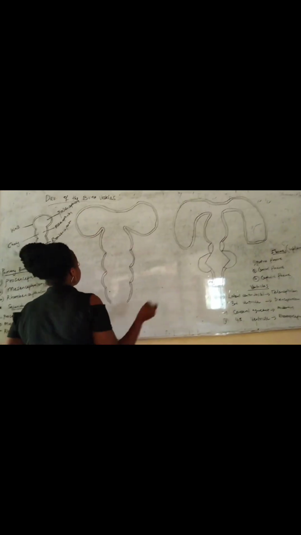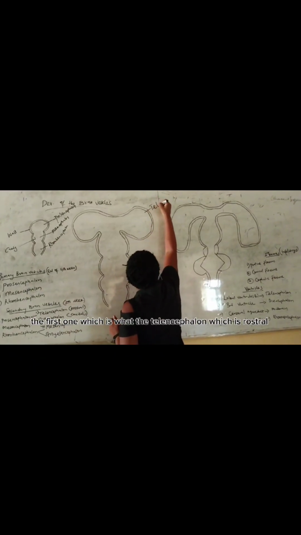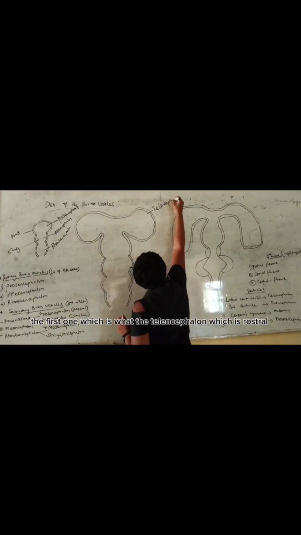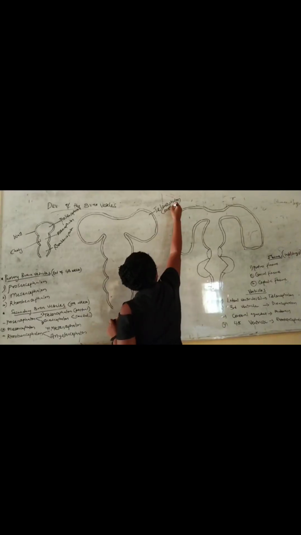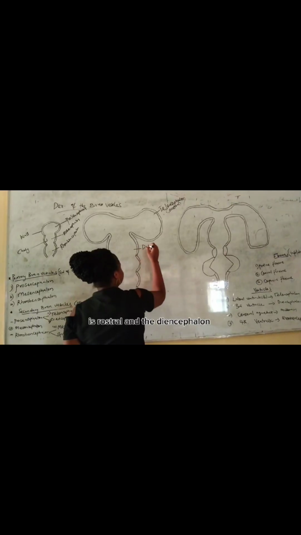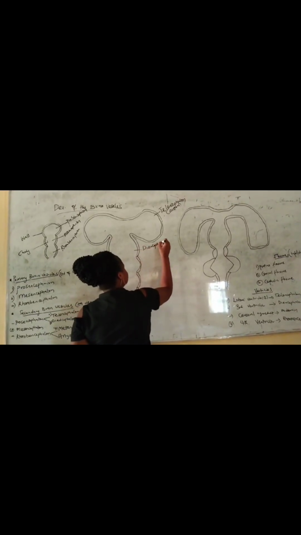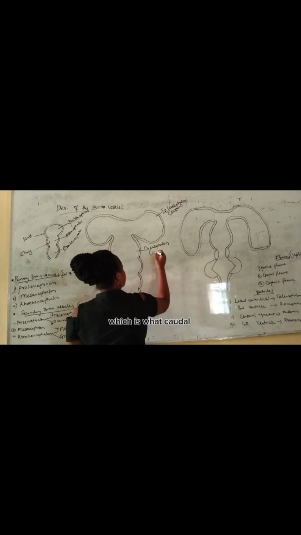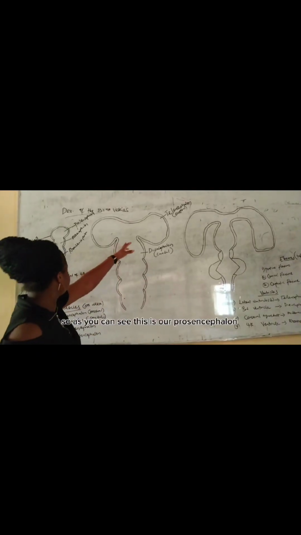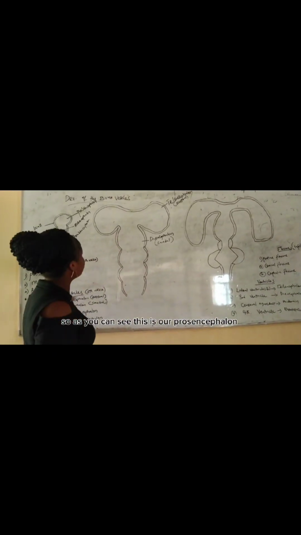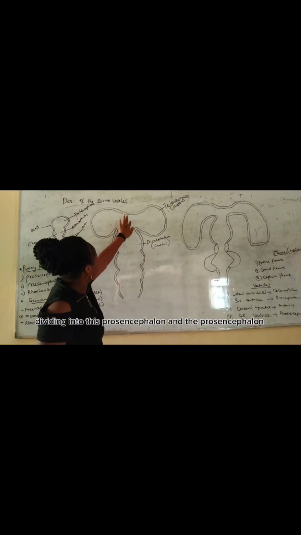So I'm going to label it. Prosencephalon divides into what? The first one is the Telencephalon, which is rostral, and the Diencephalon, which is caudal. As you can see, this is our Prosencephalon dividing into the Telencephalon and Diencephalon.